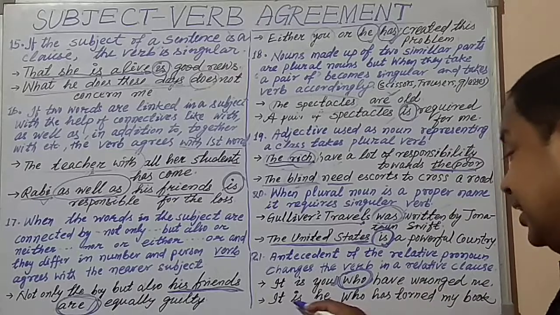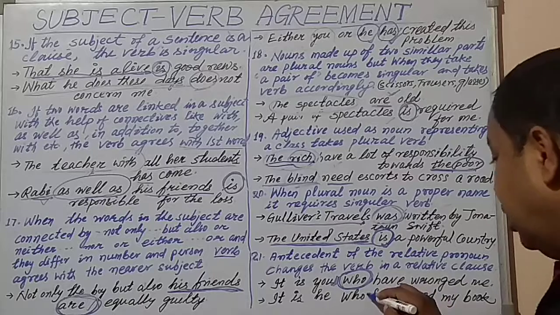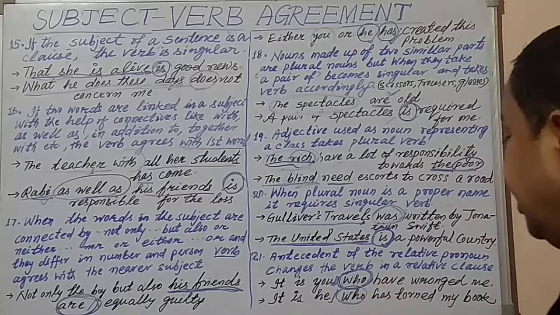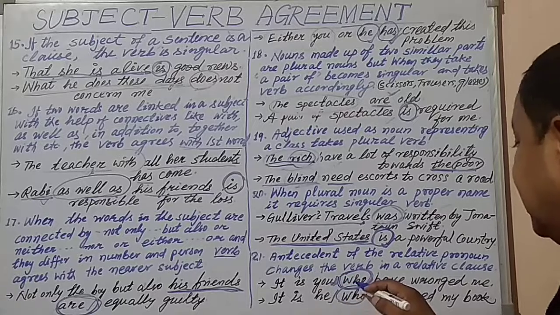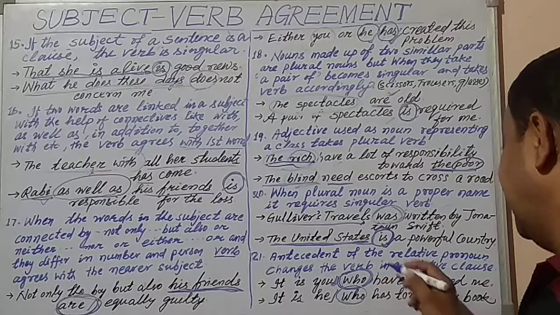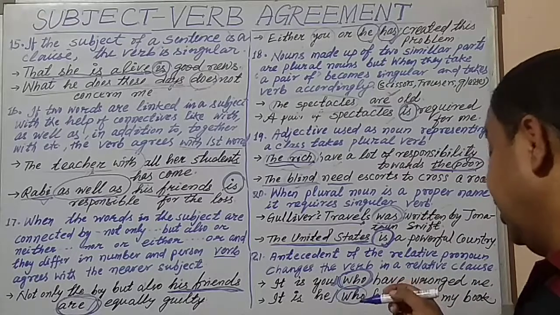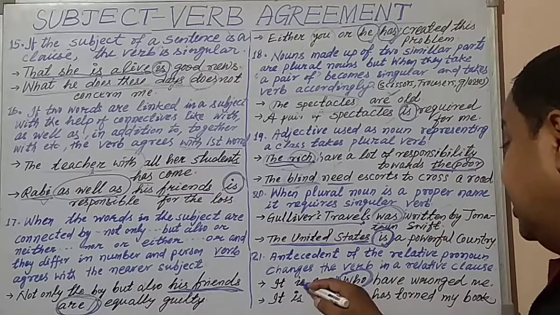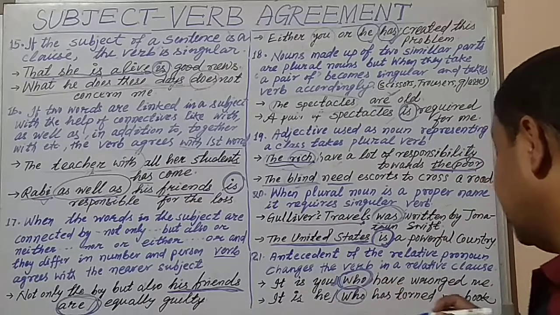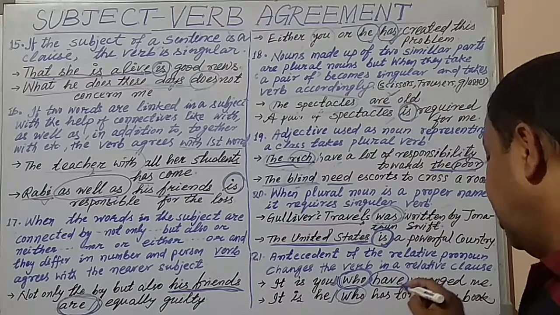But in the second sentence, it is he who has torn my book. So here who refers to he. So accordingly, you see here in the first sentence, you is here the antecedent of the relative pronoun. So this one is written as you, and as you is second person, it takes the verb have.